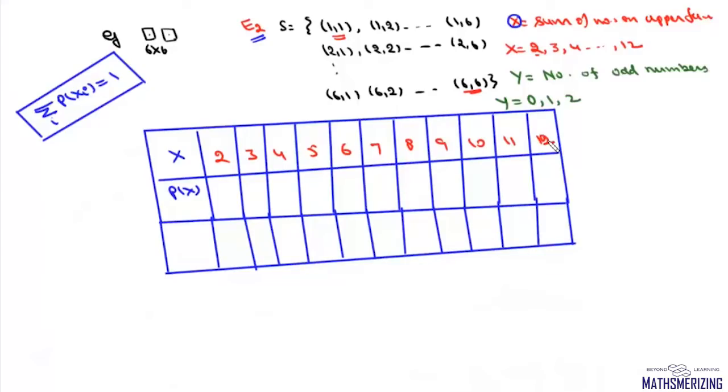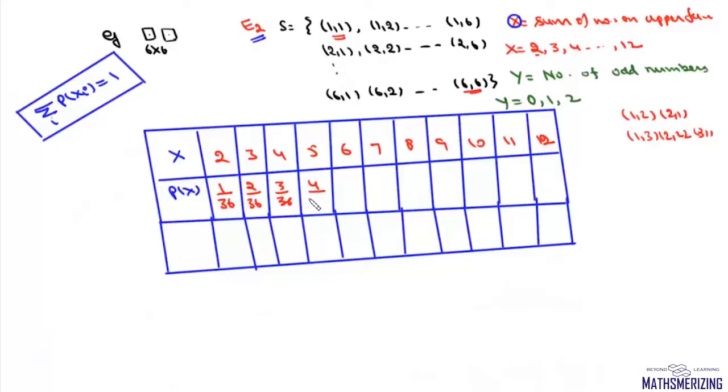Now sum is 2. This probability is 1/36 because the sum is 2 if and only if both the numbers are 1. Now sum is 3. We'll have 3 with (1,2) and (2,1), so it will be 2/36. Now 4 is (1,3), (2,2) and (3,1), so it will be 3/36.